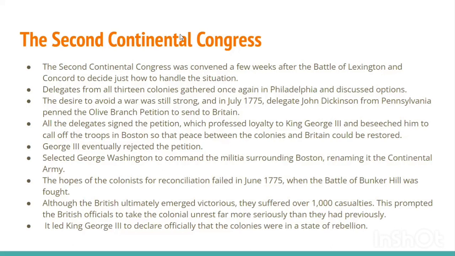Whatever hopes were left were all shattered because the Battle of Bunker Hill was fought. In the Battle of Bunker Hill, the British emerged victorious, but now the casualties increased.